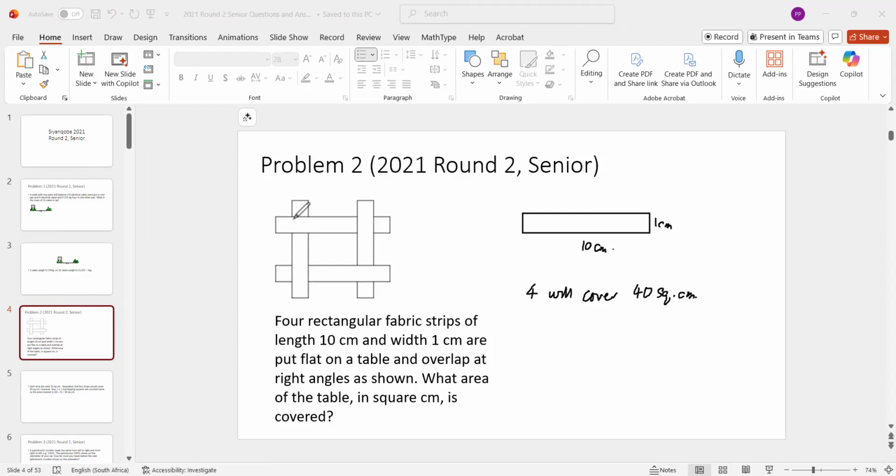Like, for instance, if you look at this part here, you have one overlapping the other, so this is counted twice. The same thing happens at these other places, but there are only 4 places where it's counted twice. So this count of 40 gives you 4 more than what we require.